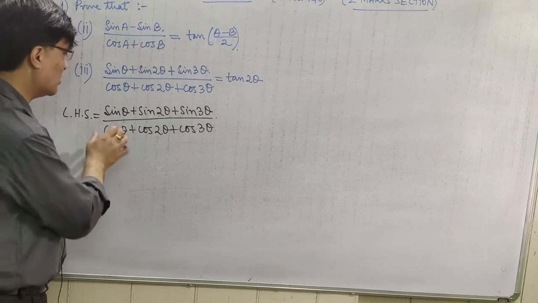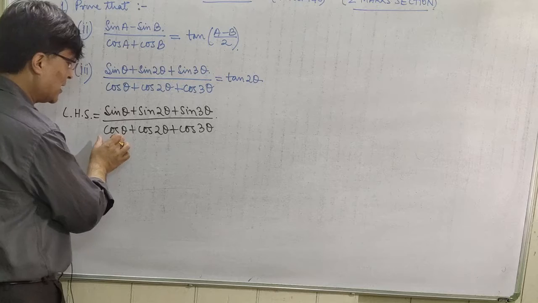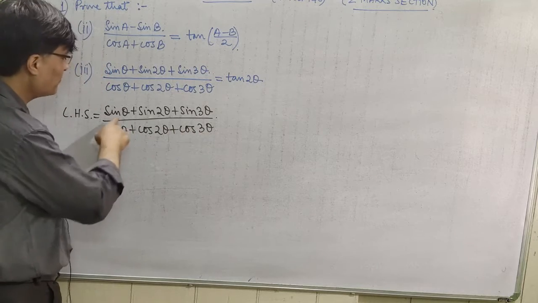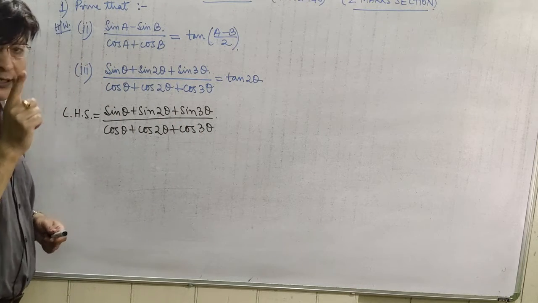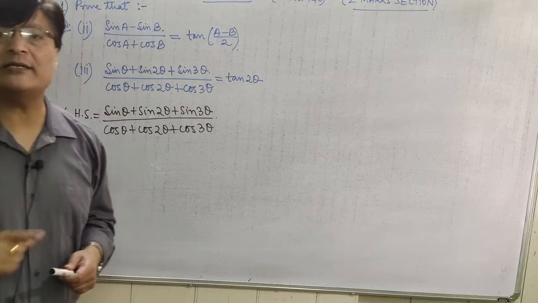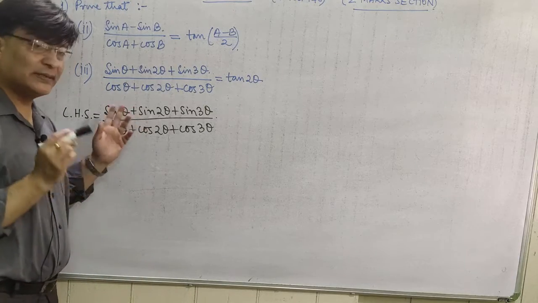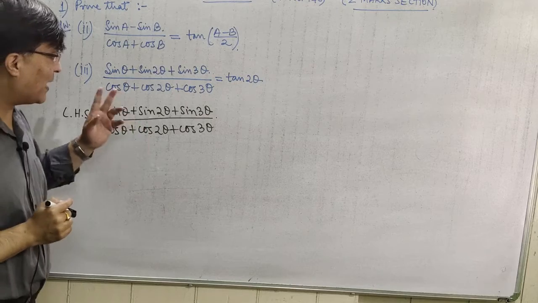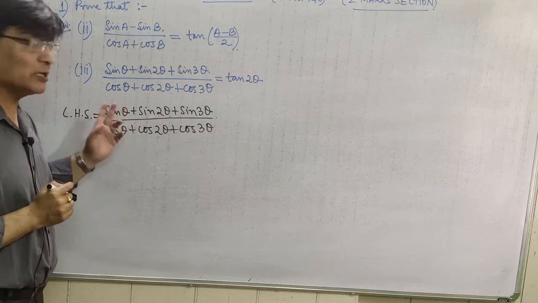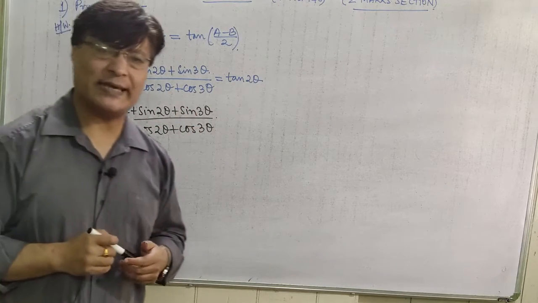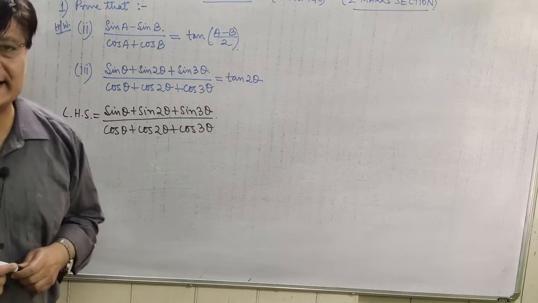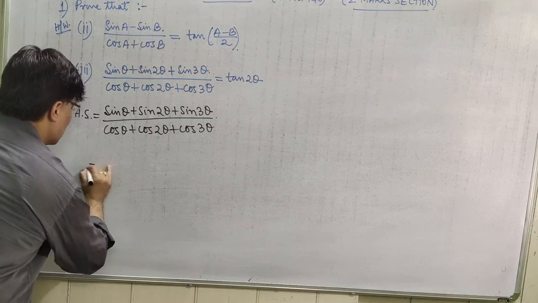But if you take the terms sin theta plus sin 3 theta and cos theta plus cos 3 theta, theta plus 3 theta is 4 theta, and divided by 2, what do we get? 2 theta. That means you have to take the terms in pair as sin 3 theta plus sin theta. Always take the greater angle as C. So let us take the terms in pair now.